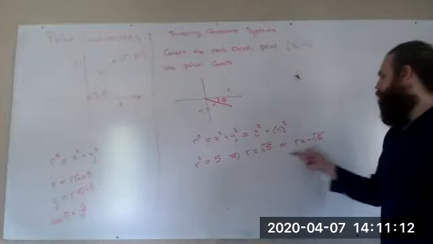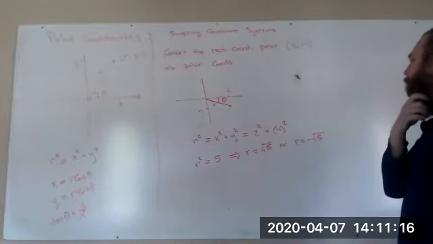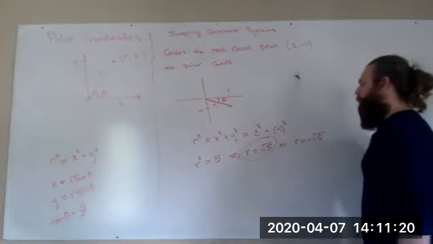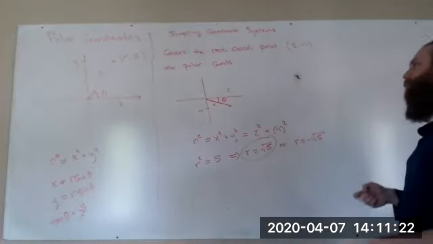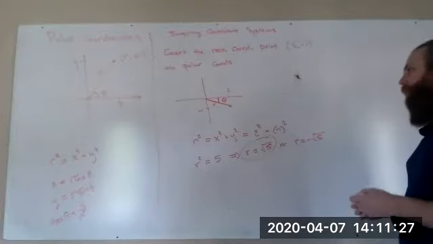And associated with each choice is an infinite family of representations for this point. Normally, we like to take r being positive, and we like to pick theta to run from maybe 0 to 2 pi, or negative pi to pi.